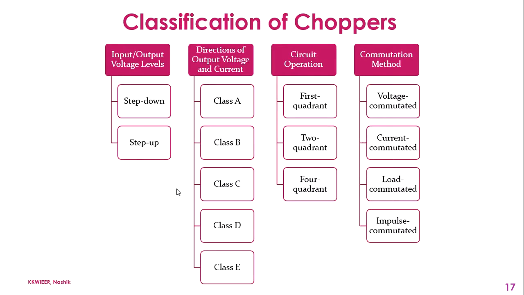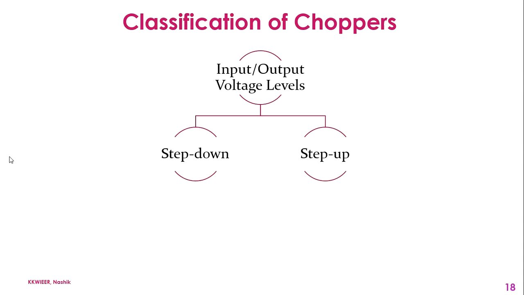According to the direction of output voltage and current, they can be classified as class A, B, C, D, E. According to circuit operation, choppers can be categorized as first quadrant, two quadrant or four quadrant choppers. And according to commutation methods, they can be classified as voltage commutated, current commutated, load commutated or impulse commutated.